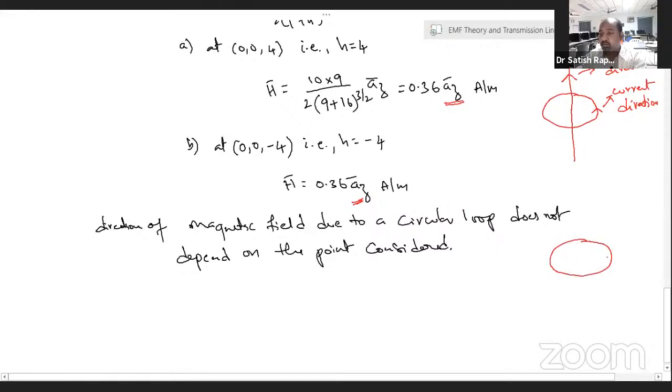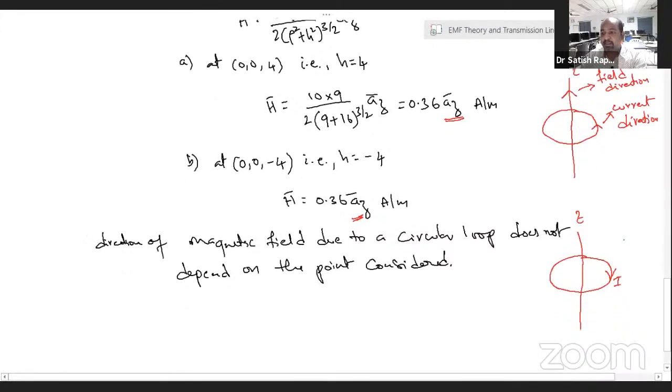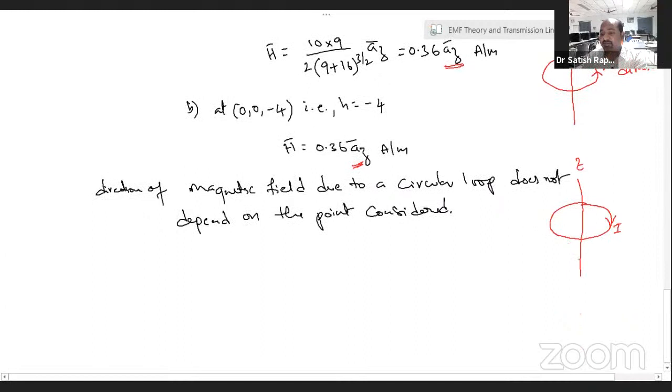On the other hand, if this is the circular loop, and this is the z-axis, and the current is flowing in this direction, right? So previously it was anti-clockwise direction, and now it is in clockwise direction. Then the direction of magnetic field is this one.